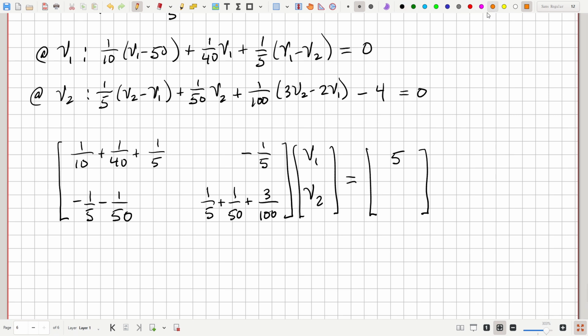Once again, notice that this is not a symmetric matrix. How about any constant terms? Yes, minus 4 becomes plus 4 on the right. So there is our system of equations.